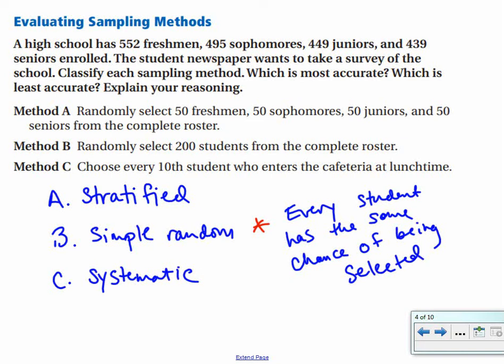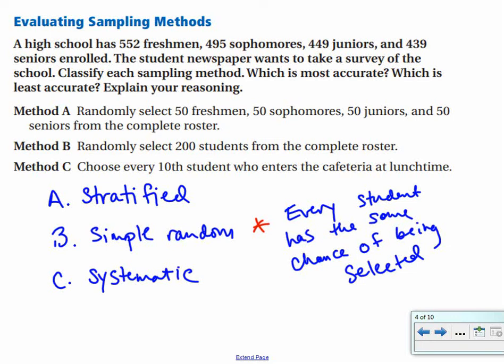Our next best in this list would be systematic because it doesn't take into account what grade they're in. Stratified would be the least accurate because it limits your possibilities of being picked no matter which class you're in.